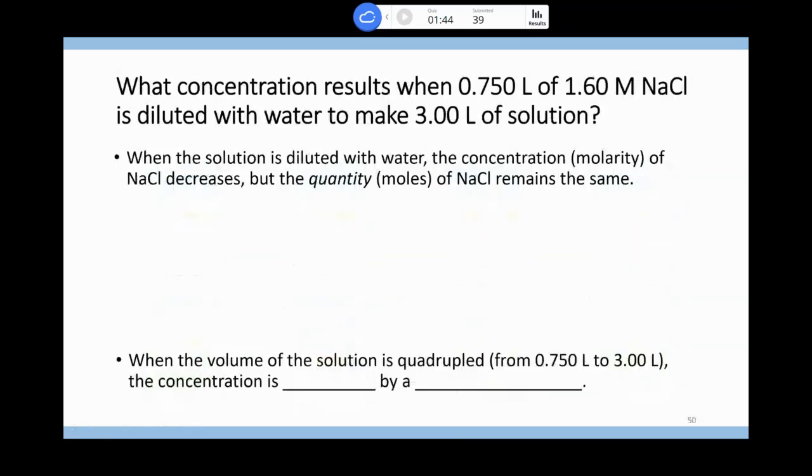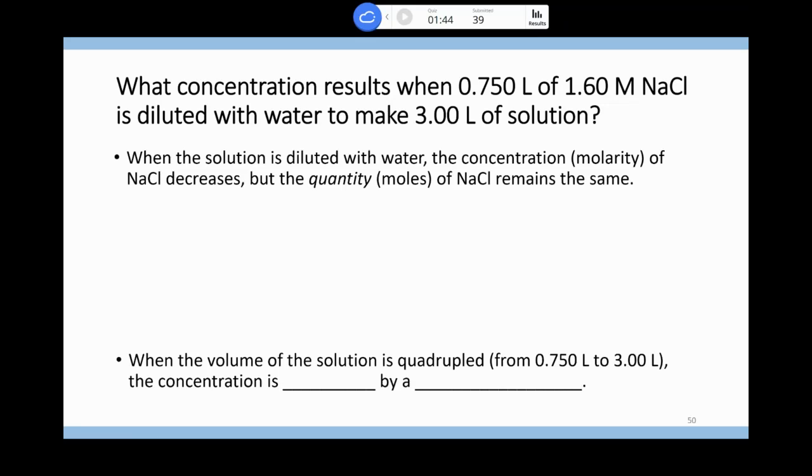Okay, so that's kind of the visual of what's happening when we dilute something. Now we're going to go into the math of calculating dilutions, concentrations of dilute samples. So our question here is what concentration will result when 0.75 liters of a 1.6 molar solution is diluted to make a 3-liter solution.